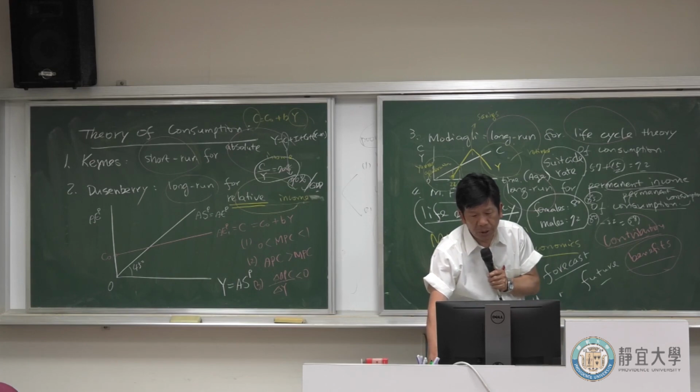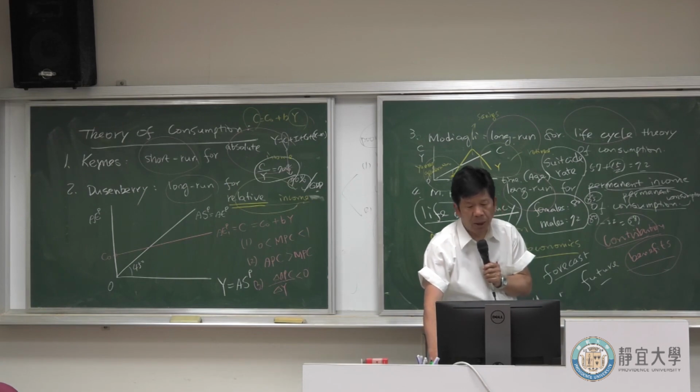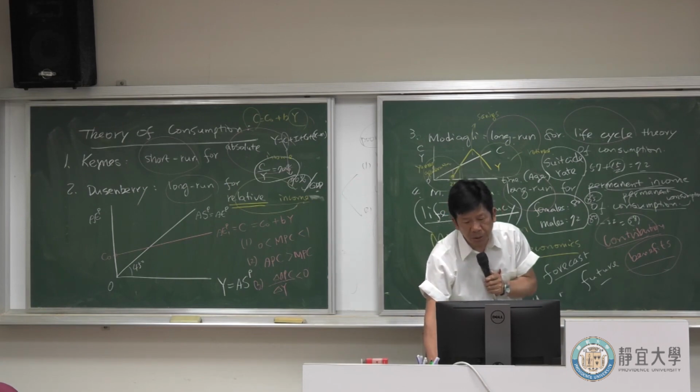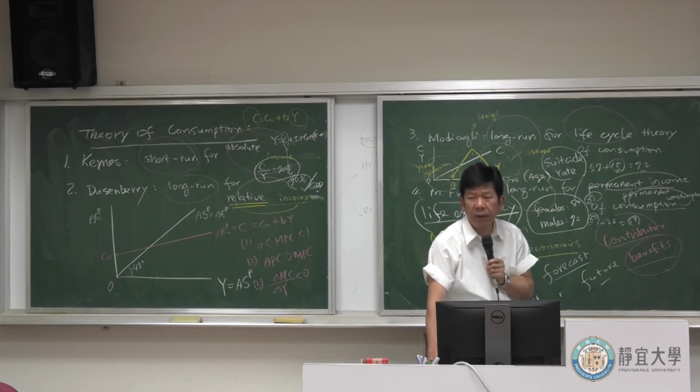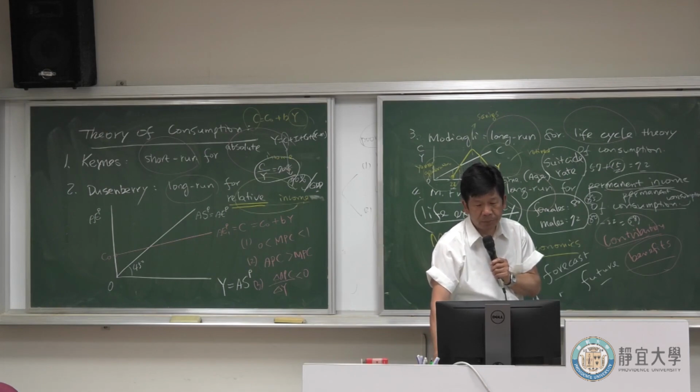This represents the debate over different consumption theories, the debate over the size of the marginal propensity to consume, which we call MPC. MPC is in general between 0 and 1.